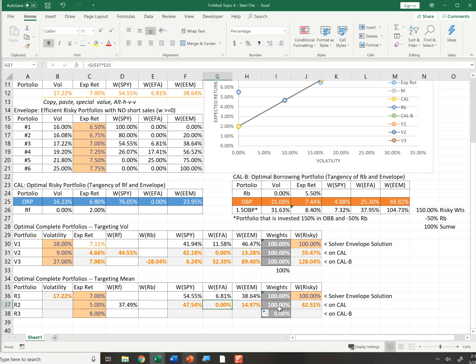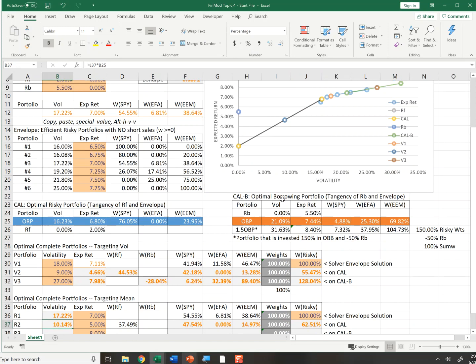So if my client had $100 and wanted the best 5% portfolio, I tell them to put $37 into treasuries or risk-free, $47 into SPY, $15 into EMA, and they'll have a volatility of 62% of the volatility of the optimal risky portfolio, which will be 10.14%.